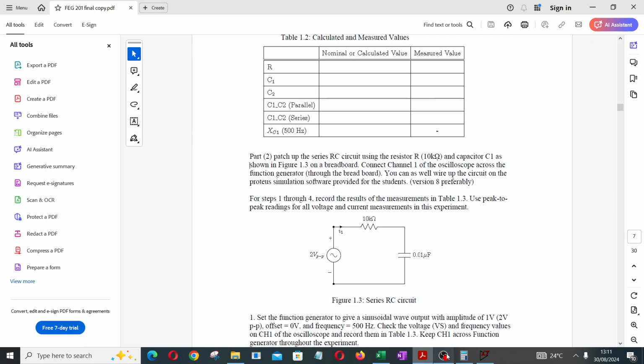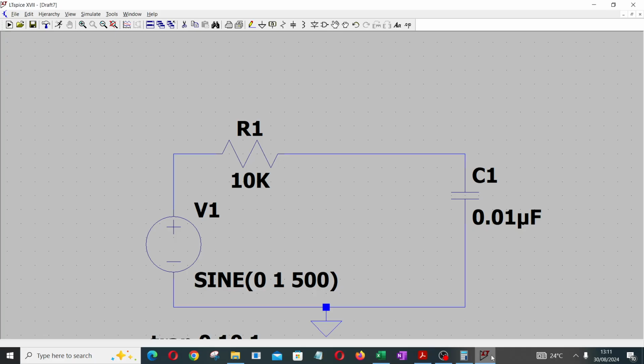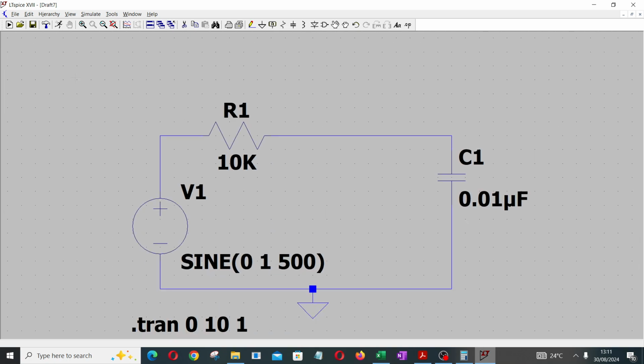So we want to quickly launch our LTspice. For the sake of those who may not know how to patch up this circuit, I'm going to delete this circuit and couple them afresh so that we will start afresh.